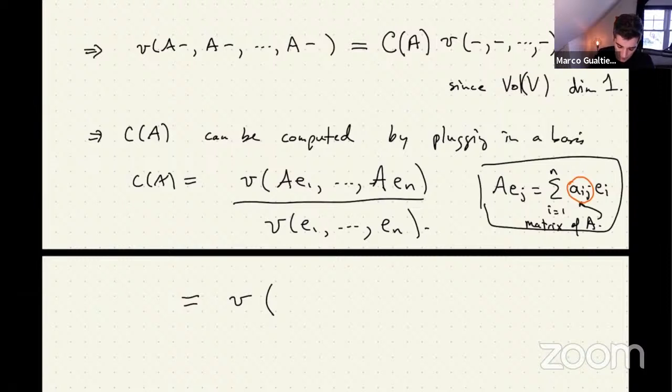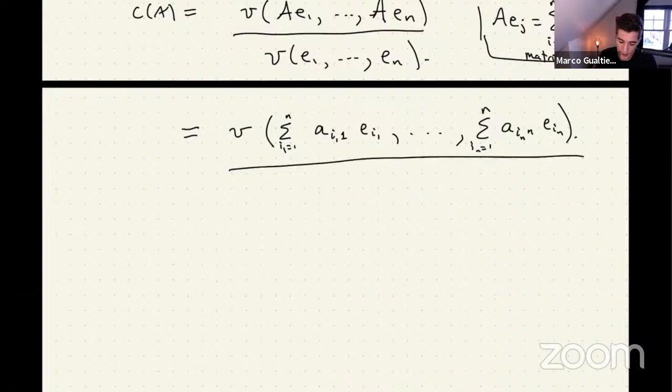So this will be a sum of Ai1 Ei and so on, divided by the volume of E1 up to En.